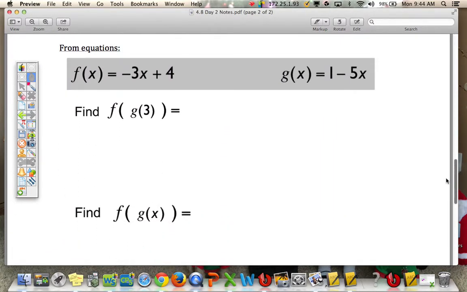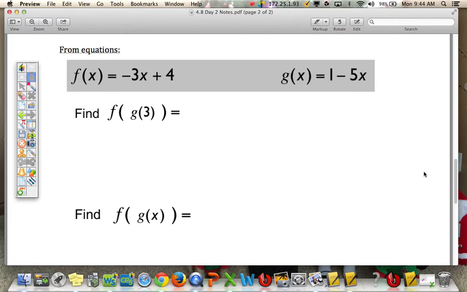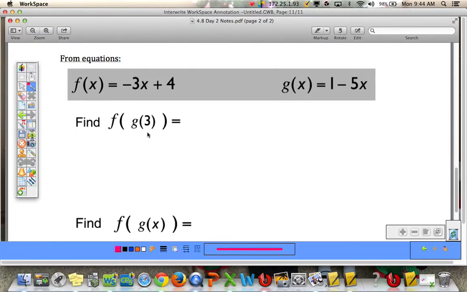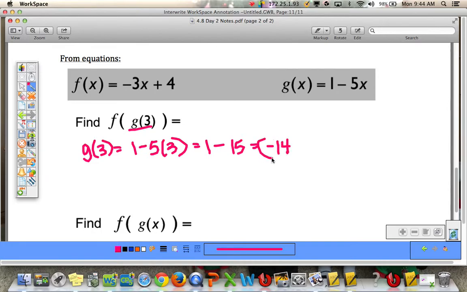All right, so that was from a table or from a set of points. Now let's look at doing a composition of functions from equations. So first step, find g of 3. All right, g of 3 just means plug in 3 for every x value in the g function. So we have 1 minus 5 times 3, which would be 1 minus 15, which would be -14. So this is -14. We're going to plug that in right here, and we're going to find f of -14.